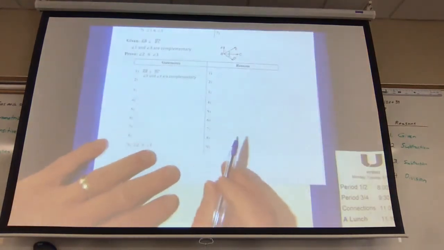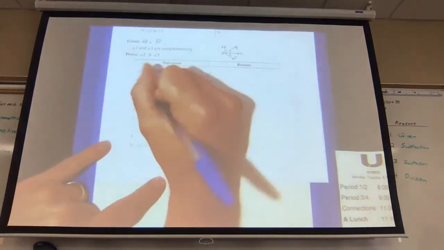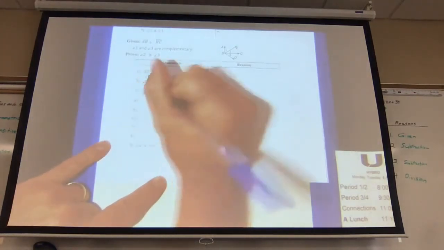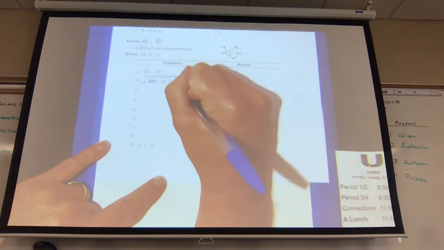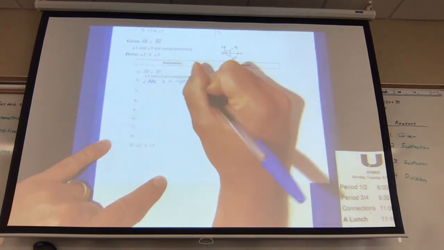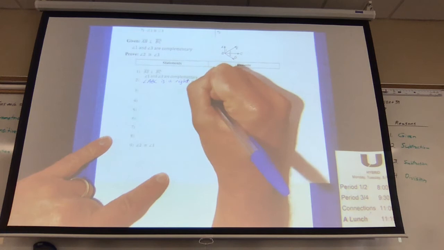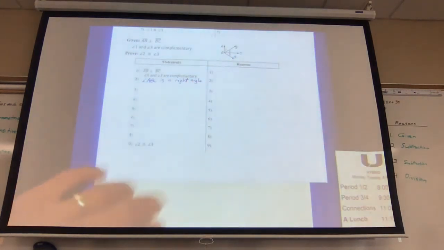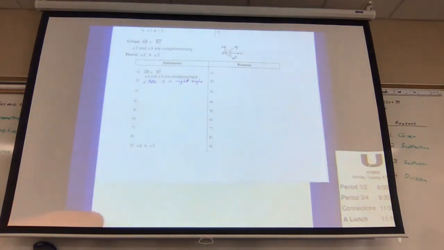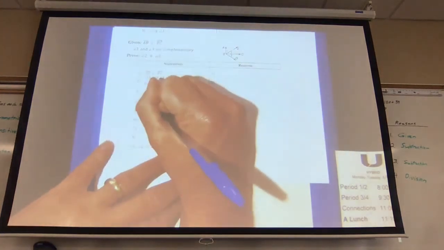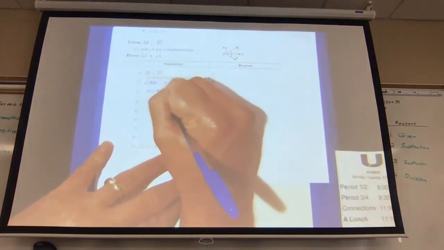On this fourth one, we're going to fill in all the statements. So step 2, angle ABC is a right angle. Step 3, we're going to have the measure of angle ABC equals 90.